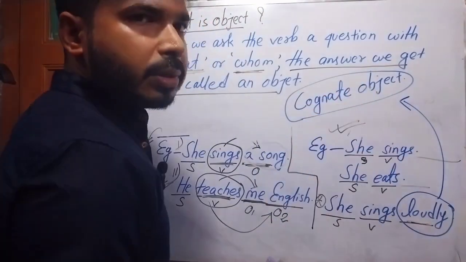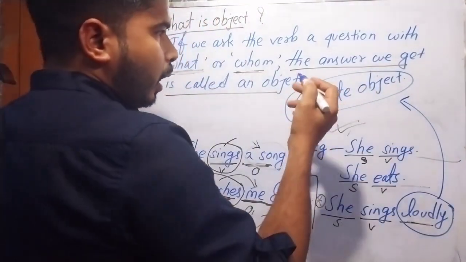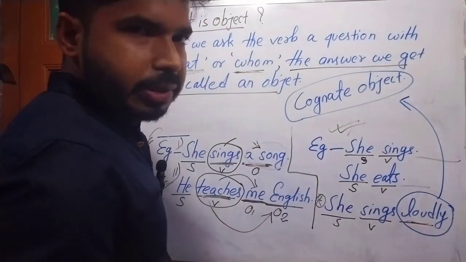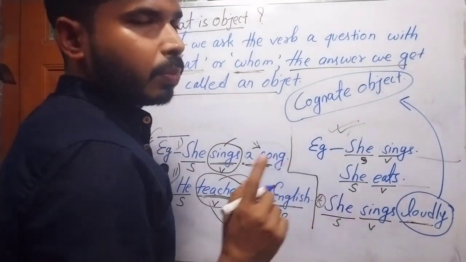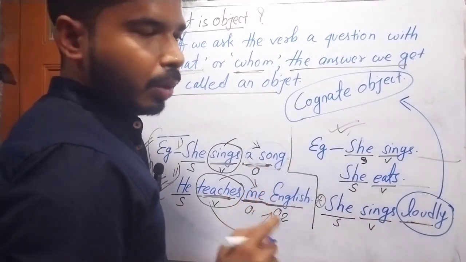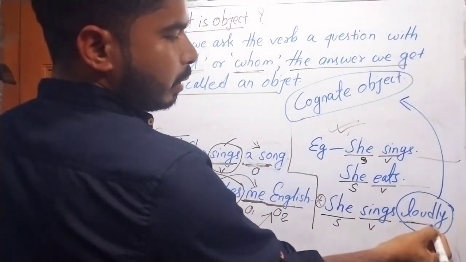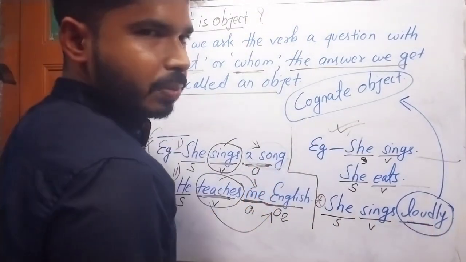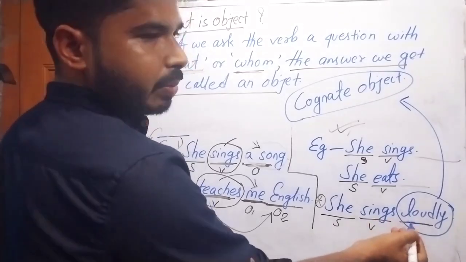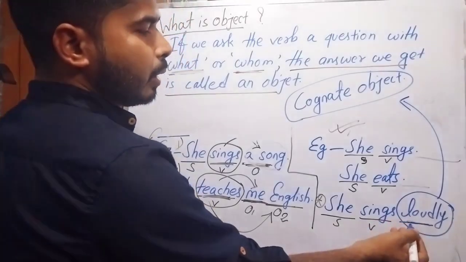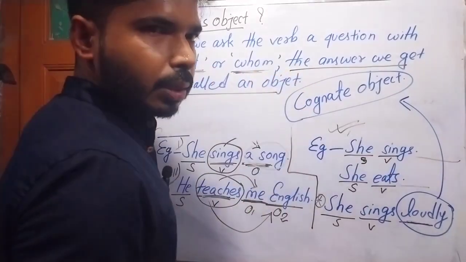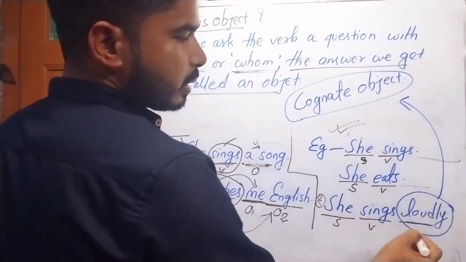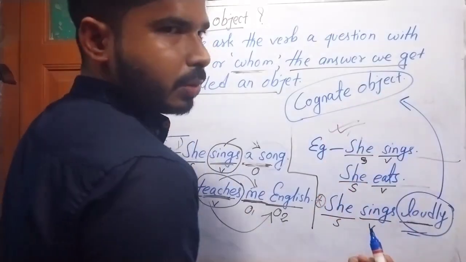So what is cognate object? A cognate object is an object that looks like an object but is not an object. Although we are seeing that loudly is looking like an object, basically it's not an object, because we are not getting the answer by asking what and whom. Clear? So this loudly is called cognate object.